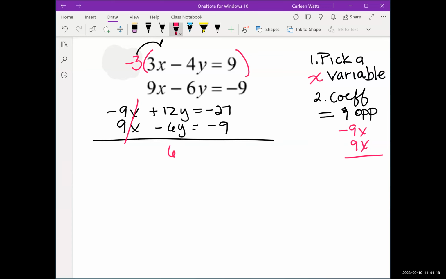Divide by 6. Y is equal to -6. So step 3, we solved for Y. Step 4, what do we need to do?